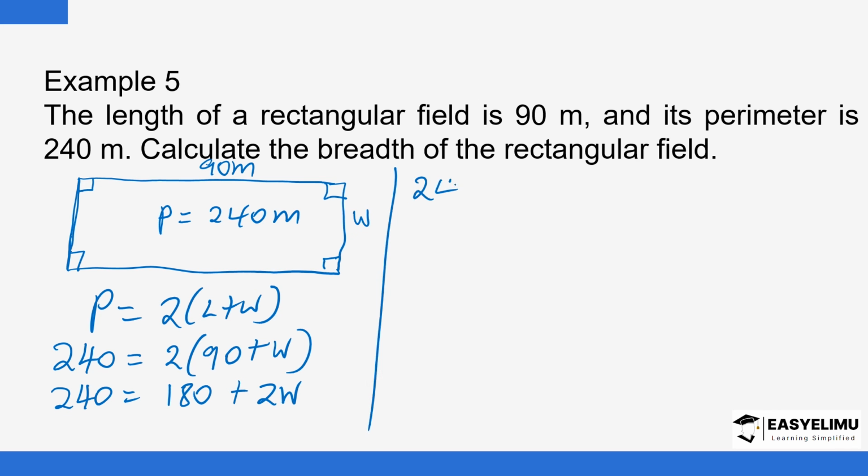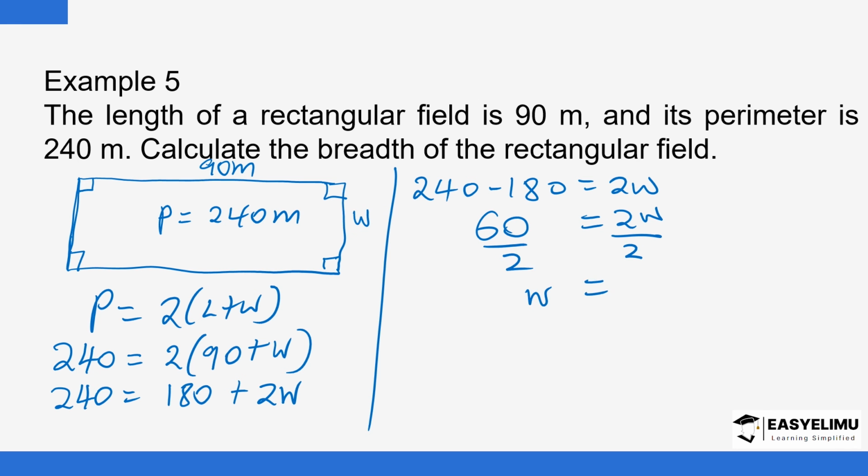So we have 240 minus 180 equal to 2W. 240 minus 180 is 60. So 60 equals 2W. We need to divide both sides by 2. So 2 cancels 2, and then we have W alone. 60 divided by 2 is 30. So the width is 30 meters, and the length is 90 meters as had been given earlier.